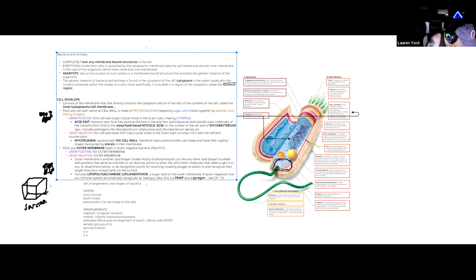We said something about it getting trapped in the peptidoglycan. So adding some of these details in. The primary stain in the gram stain is crystal violet. And then our mordant is iodine. And in our gram negative, safranin is our counter stain.